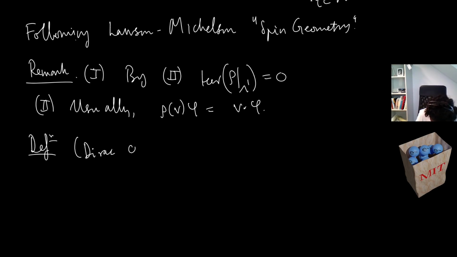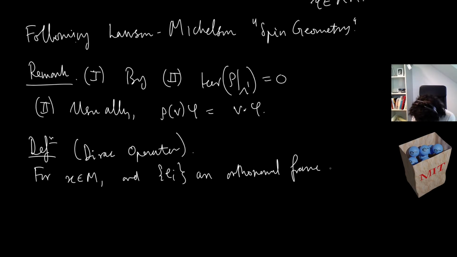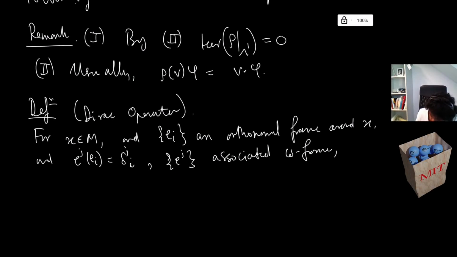All right. So now on a Dirac bundle we have a canonical associated operator, which is a Dirac operator. So what is a Dirac operator? For a point x and e_i an orthonormal frame around x, and e^j the associated coframe, we define the Dirac operator.